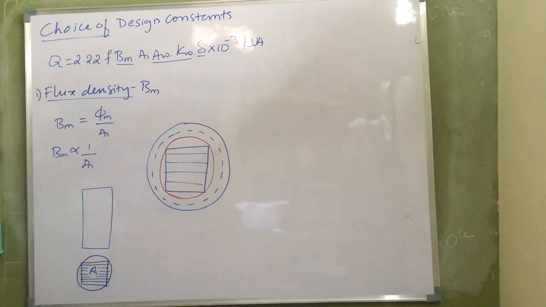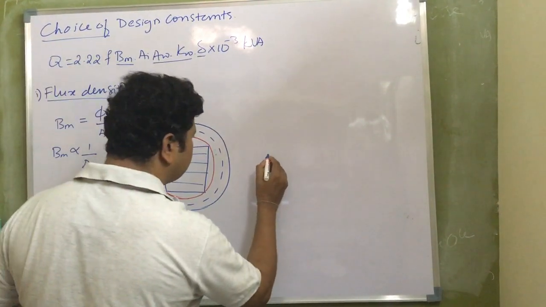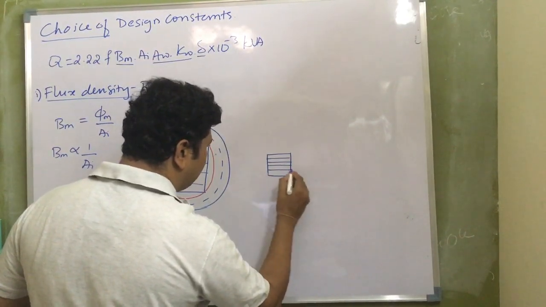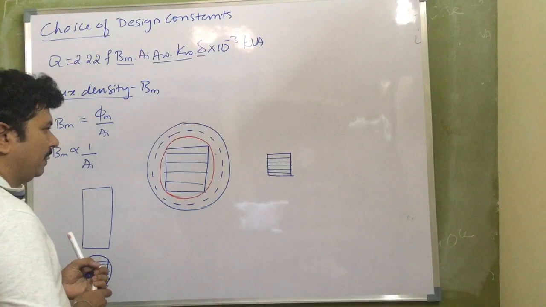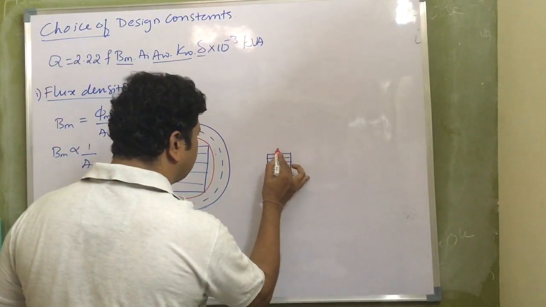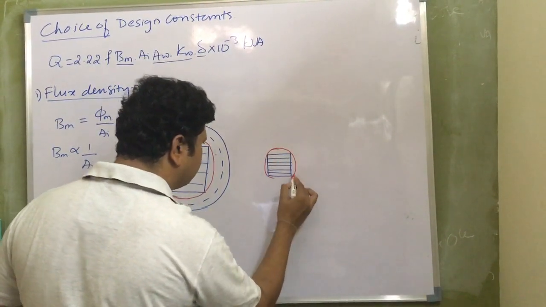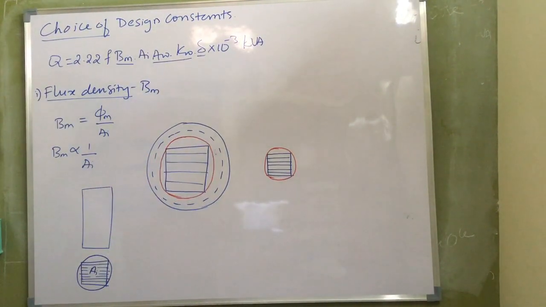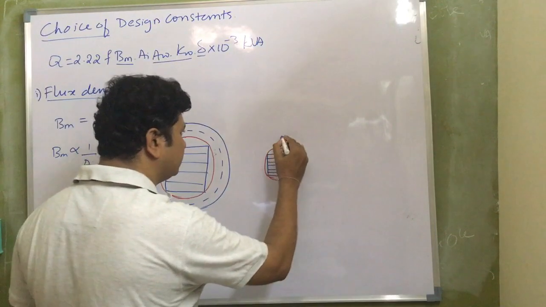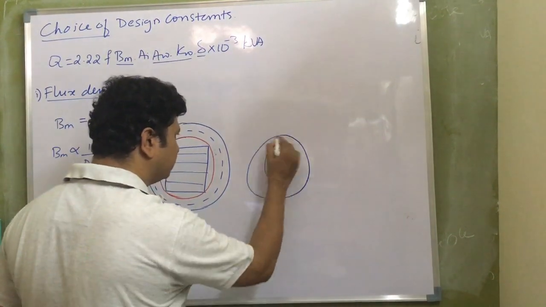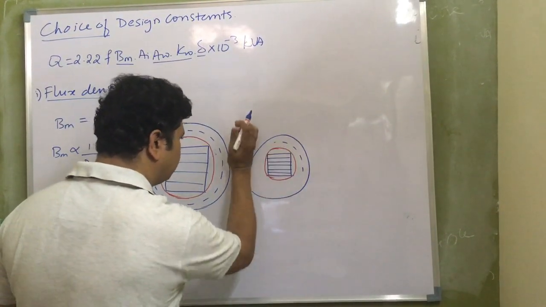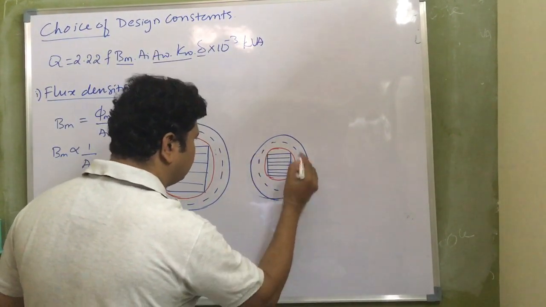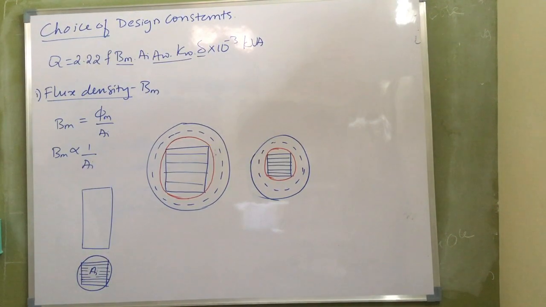Now if I decrease the area of core, if the area of core becomes small by choice of large flux density, the diameter of circumcircle decreases. If the diameter of circumcircle decreases for the same number of turns, the length of mean turn decreases.